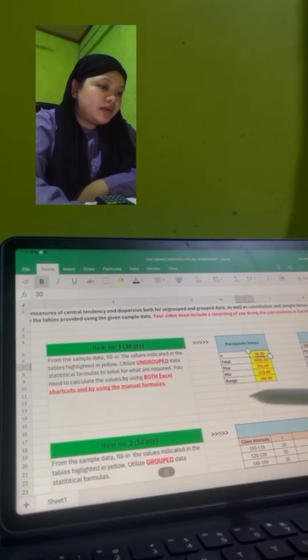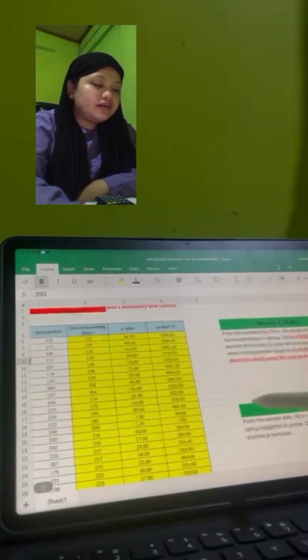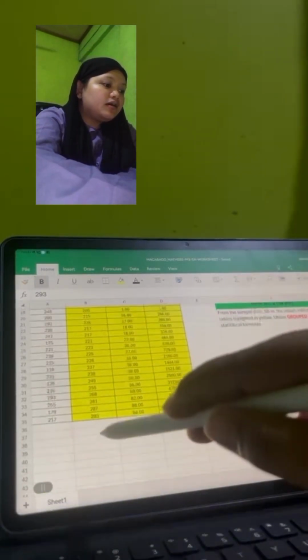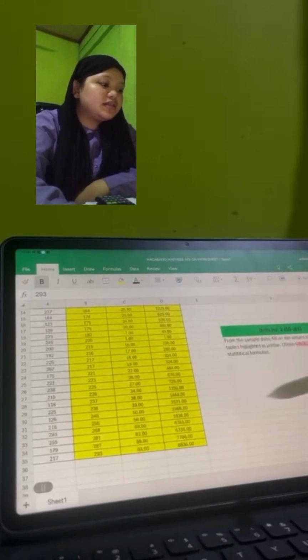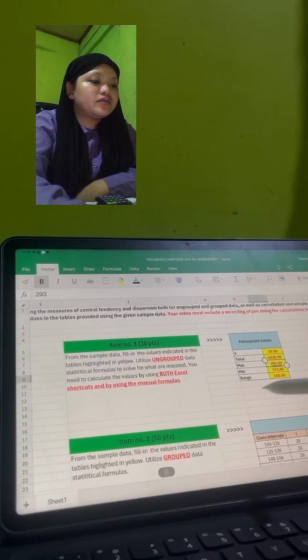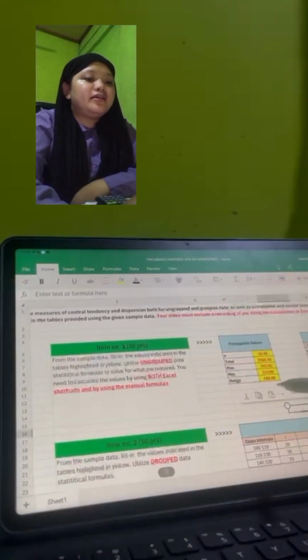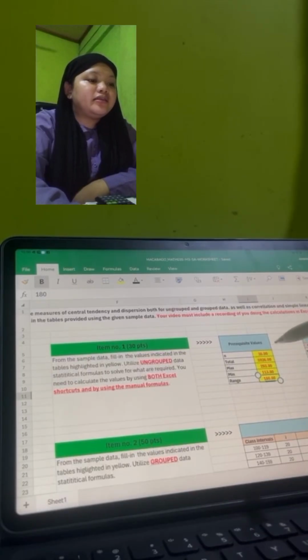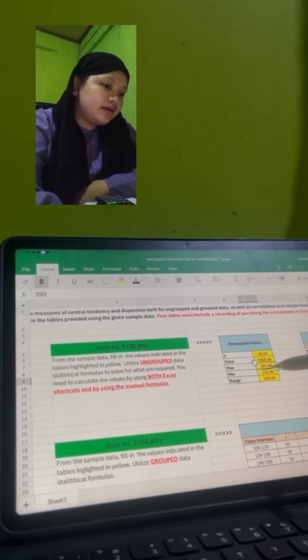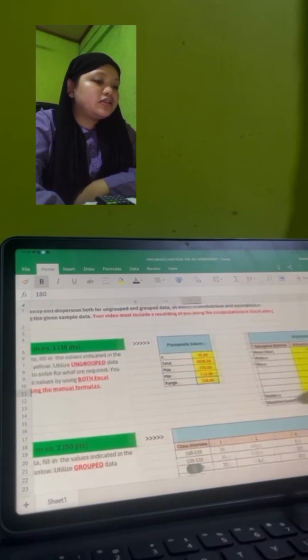The max is 293, since that is the biggest number, and the minimum is 113, because that was the smallest number. And how did I get the range of 180? I use the max and min: 293 minus 113, so you get 180.